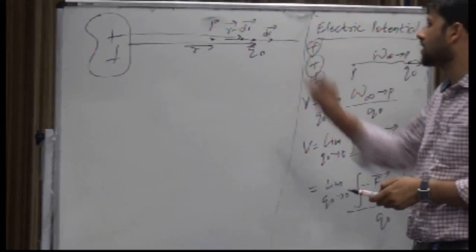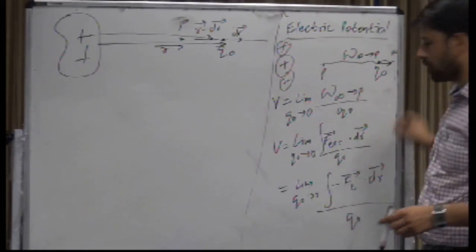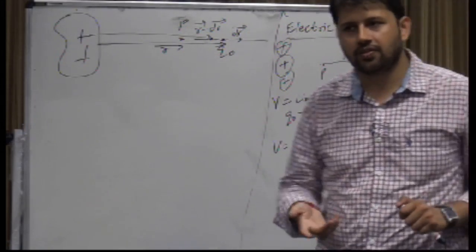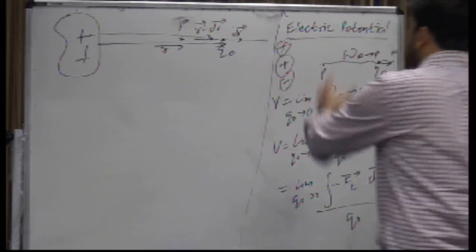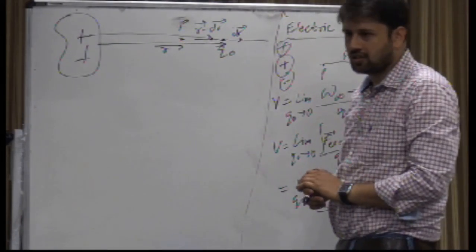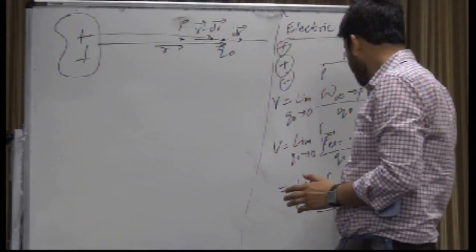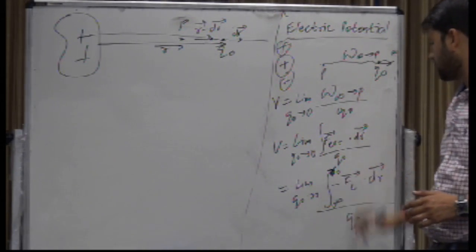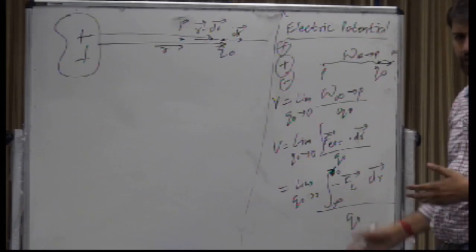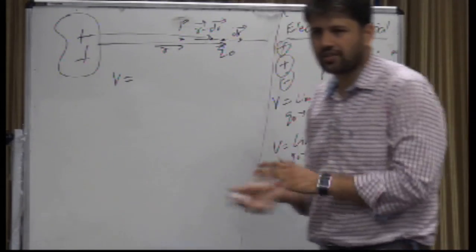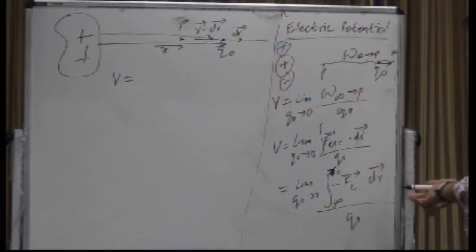Let's move the charge outward so that we can have the dot product easily, and then while taking the limits, we'll put the limits from larger distance to nearer distance, right? So from infinity to point P, or let's say R naught. Okay, that's what they are doing. So that is the best way actually to deal with here.